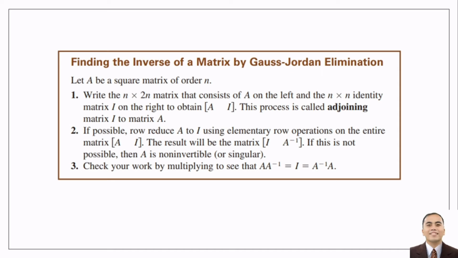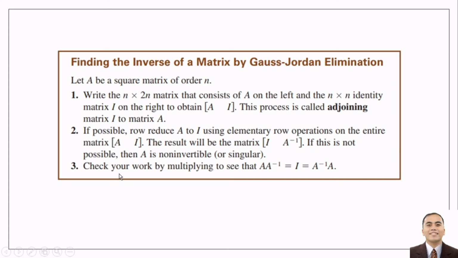First, write the n by 2n matrix that consists of A on the left and the n by n identity matrix I on the right to obtain A and I. This process is called adjoining matrix I to matrix A. If possible, row reduce A to I using elementary row operations on the entire matrix A and I. The result will be the matrix I and A raised to -1, the inverse of A. If it is not possible, then A is not invertible, or it is singular.